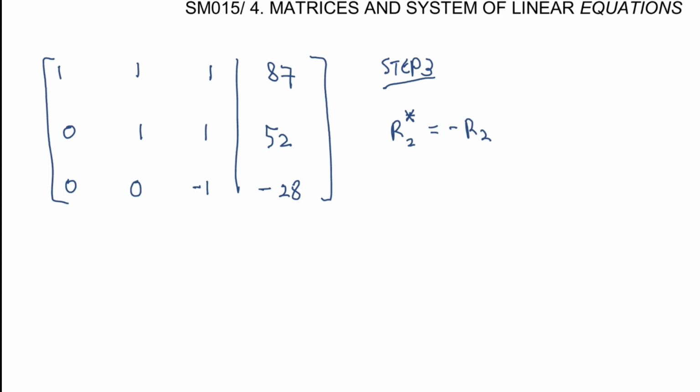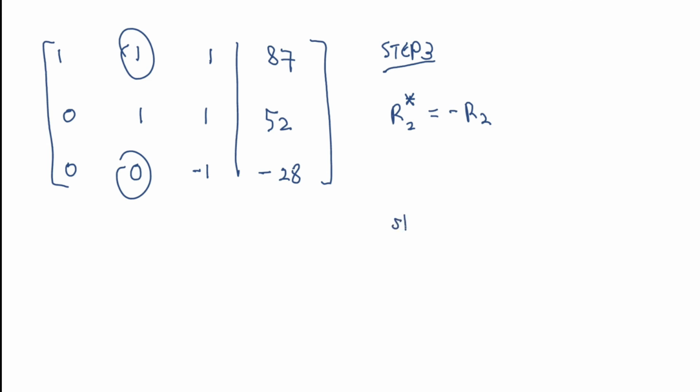Then next you will have step 4, to obtain the elements here and here into 0. Since row 3 is already 0, you just work on row 1. So what will happen is the new row 1 is equal to row 1 minus row 2.